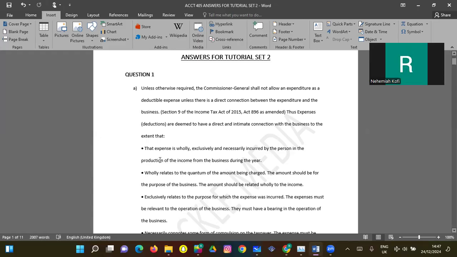Thus, the expense is wholly, exclusively, and necessarily incurred by the person in the production of the income from the business during the year. We are talking about the year of assessment.